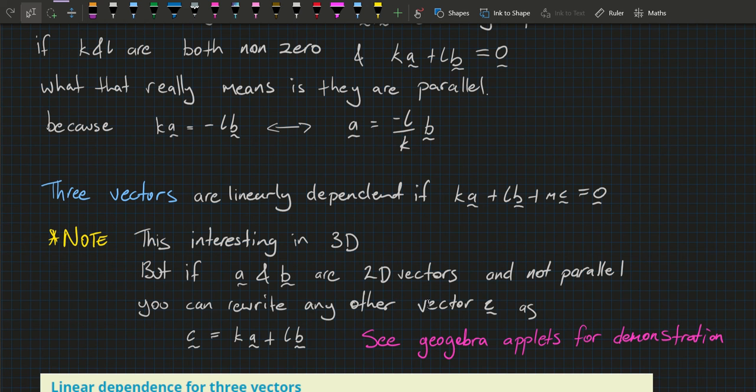Three vectors are linearly dependent if you've got three real numbers multiplied by each one of them, and they then become the zero vector.